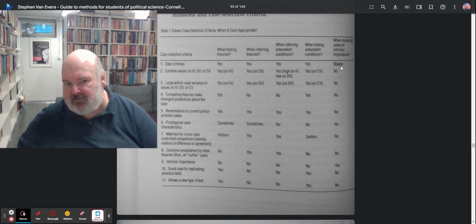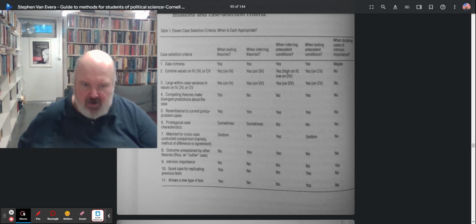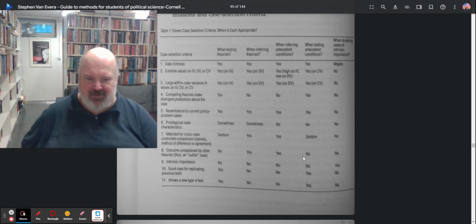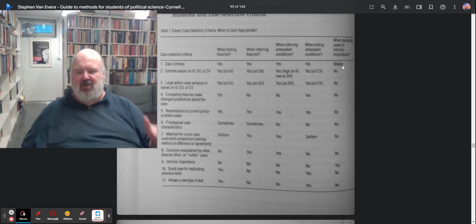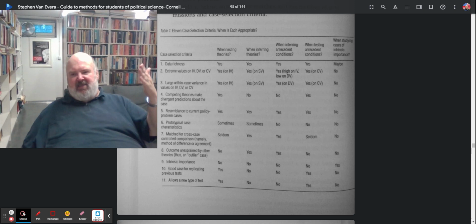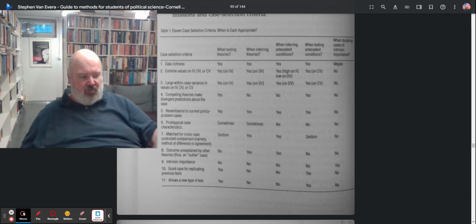Intrinsic importance: maybe yes, maybe no. The intrinsic importance only seems to matter for intrinsic importance, right? It isn't useful for these other things. The point here is even more interesting: maybe the importance of the thing is such that we're willing to sacrifice some data richness. That's what I said in my talk a little bit earlier.